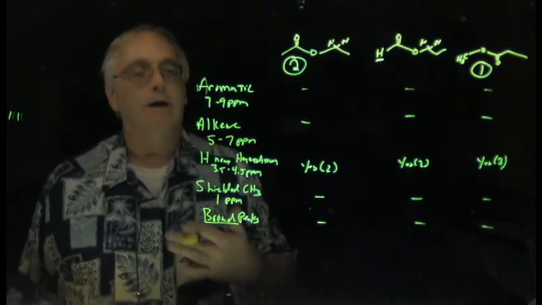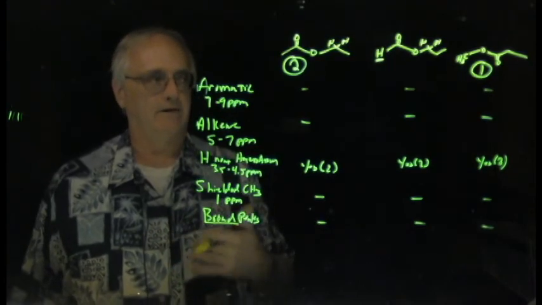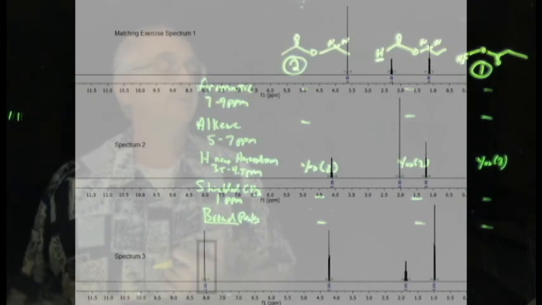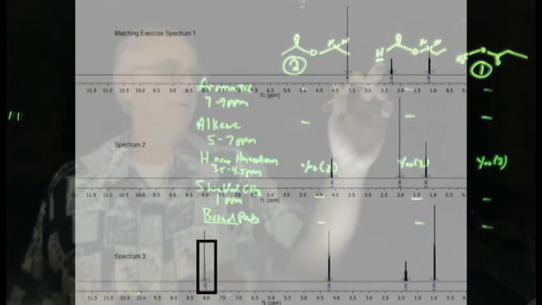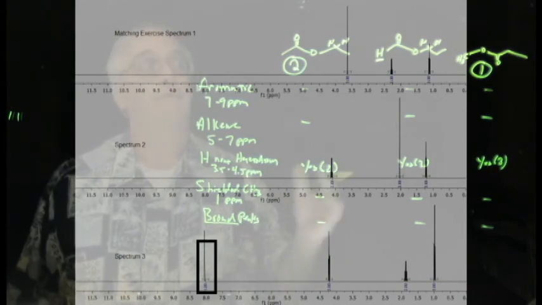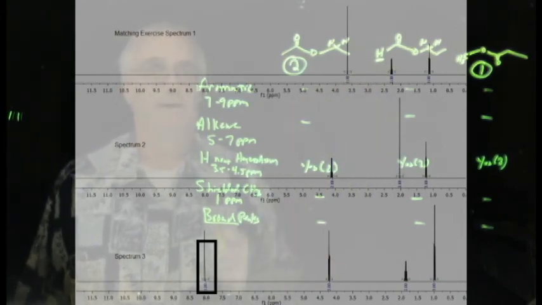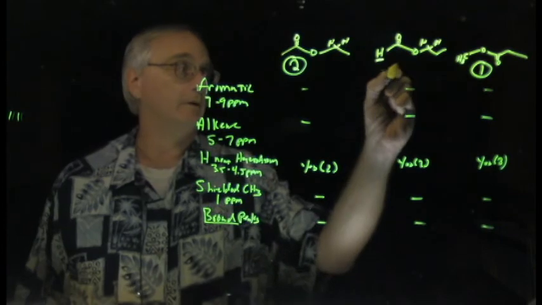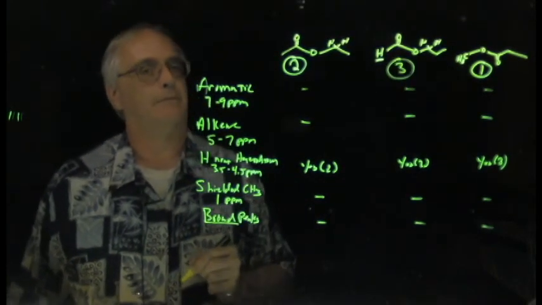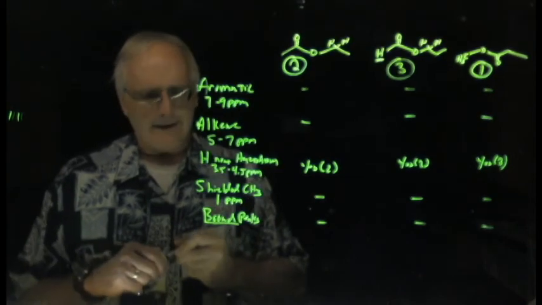And sure enough, if we look at spectrum number 3, there is a peak integrating to 1 right around 8 ppm. So we would expect something a little unusual out of this molecule, and certainly spectrum 3, compared to the other 2, does have a very deshielded peak. That just gives me even more confidence that it is most certainly spectrum 3.